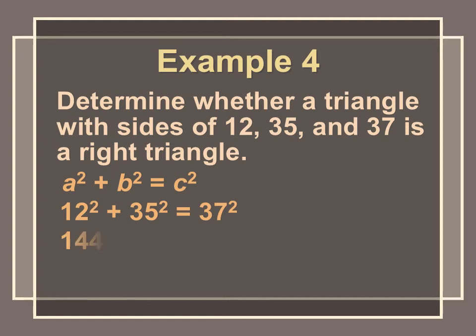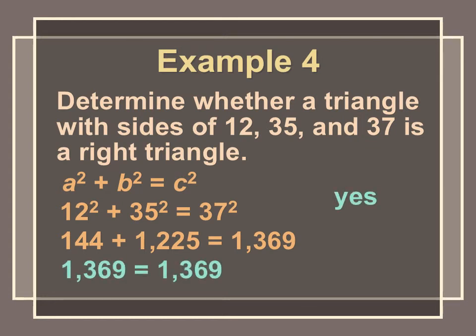So let's go ahead and see what we end up with. 12 squared is 144. 35 squared is 1,225. And 37 squared is 1,369. So 144 plus 1,225 is supposed to equal 1,369. And since it does, the answer is yes. A triangle with sides of 12, 35, and 37 is a right triangle.